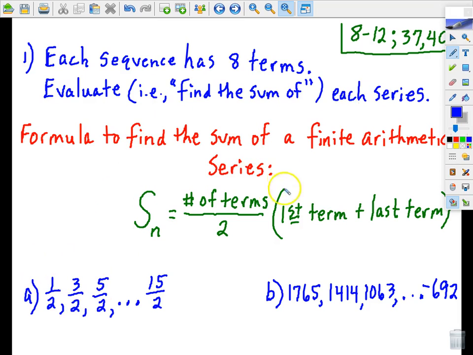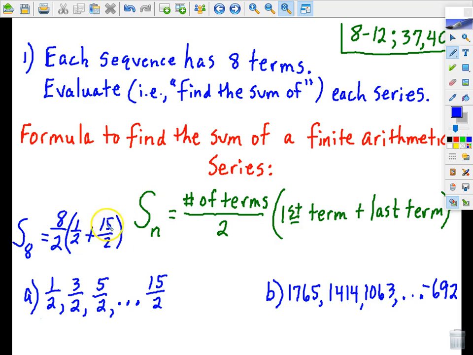We're told that this sequence, even though we don't see all 8 terms, we see enough of the pattern to tell the first and the last, and we know that it's arithmetic. Knowing that there are 8 terms here, the sum of these 8 terms will be found by doing the number of terms divided by 2. Then inside the parentheses, we'll do the first term, which we see as 1/2, plus the last term, which we can see as 15/2.